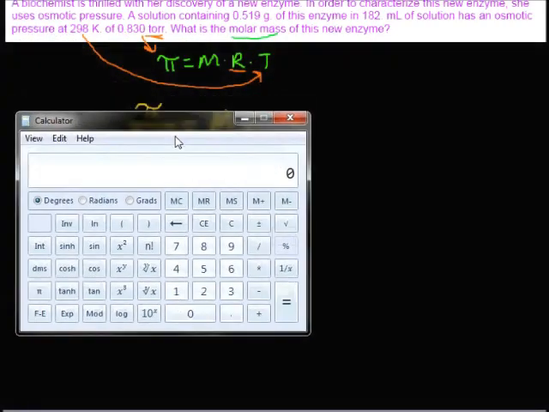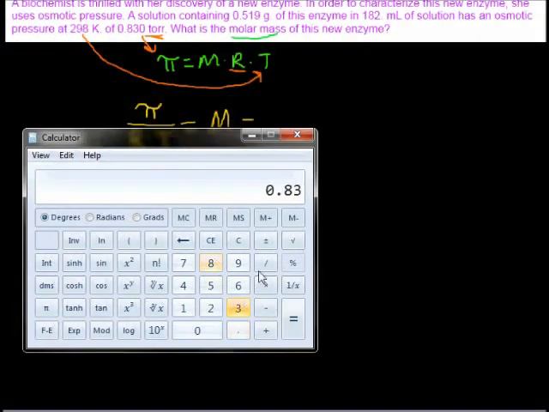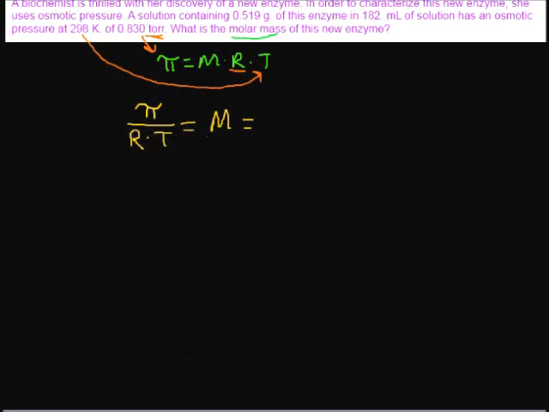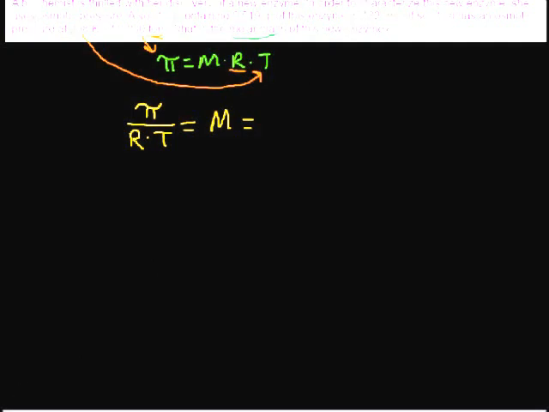Well, what is 0.83? First we've got to convert this. Now, how many torr are in an atm? 760, right? So that would mean we would have to divide by 760. Why would you say that? Well, I'll show you. Up here on the side.